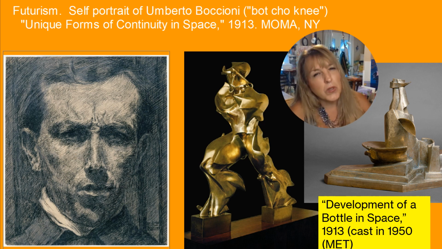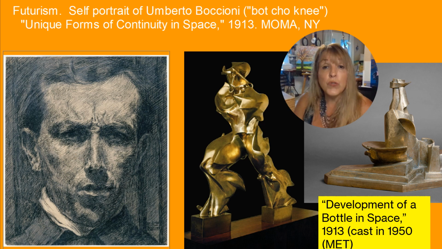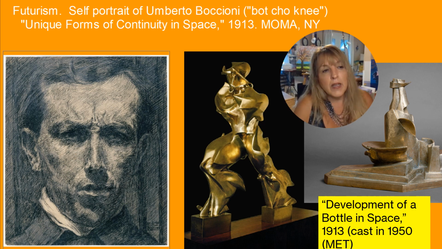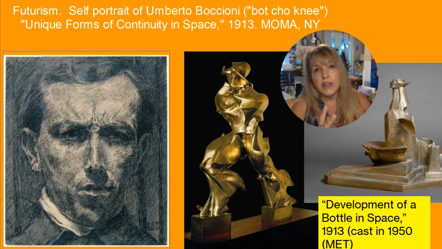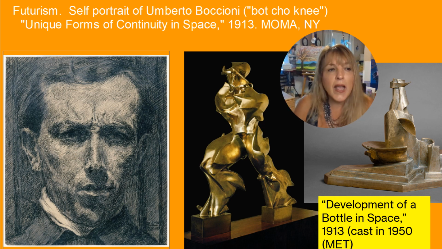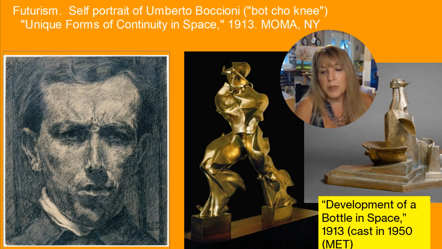Honestly, that's probably the only work I would make you responsible for as far as related to Umberto Boccioni. But he's also a futurist artist. It was a very brief moment in time where these Italian artists were painting and working in sculpture in a very futuristic way. And this is another example, Development of a Bottle in Space, 1913.